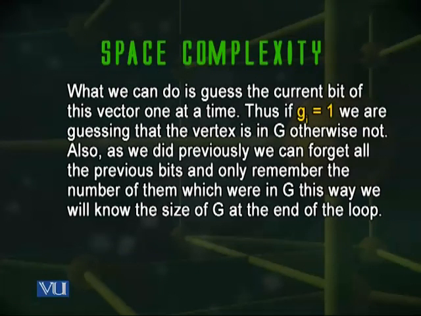And if it turns out to be 0, we're guessing it to be outside our set. Also, as we previously did, we can forget about all the previous bits of this bit vector and only remember the number of them which were in G, and that way we'll keep track of the size of G at the end of the loop. We'll find out how big our guess set was.